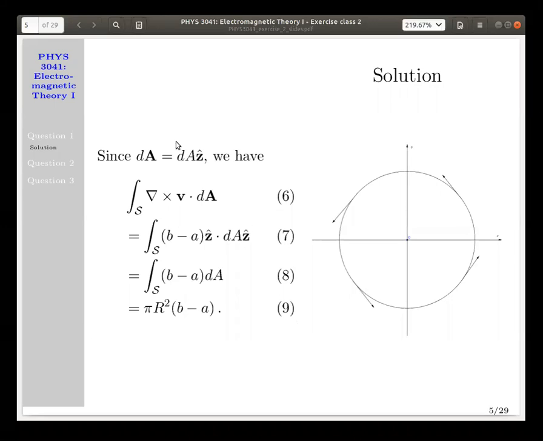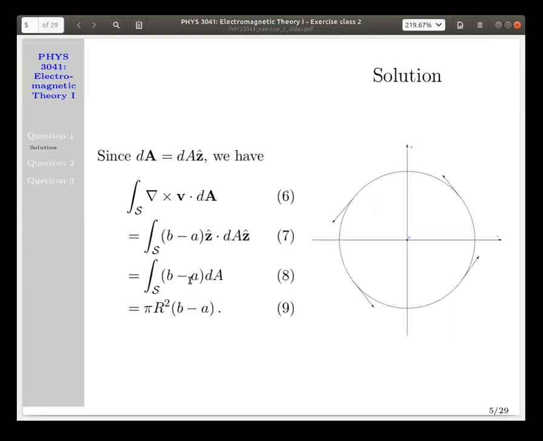The dA here is simply dA z hat, since we have chosen the normal vector to be pointing in the z direction. Then we put the two components together and do the dot product. So the integral is simply (b minus a) dA.